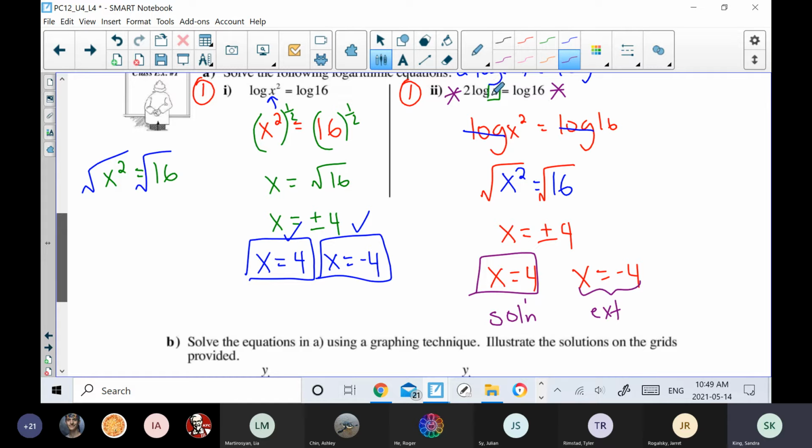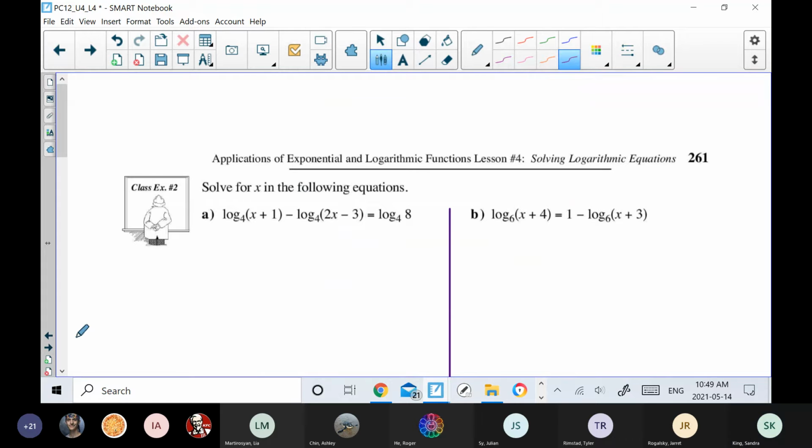Okay, now let's flip to class example 2. Okay, in order to figure out case 1 versus case 2, if you only have logs, so if I look at this one, I've got a log and a log. I don't have any constants by itself.